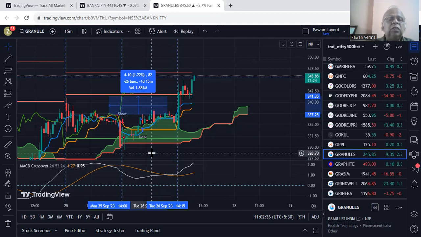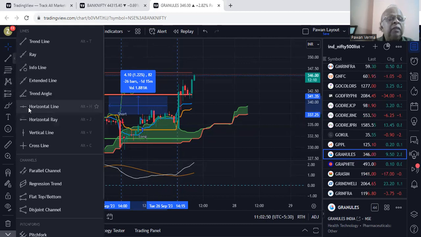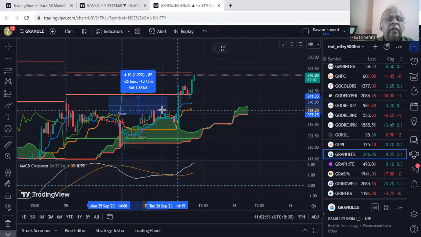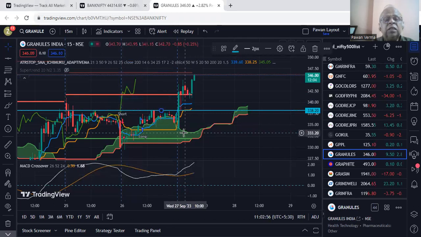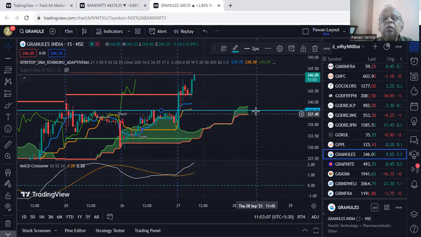The close will be taken as the highest price made by the stock during this particular period. So from here you will draw a horizontal line and that will be treated as our trigger price. Unless and until the stock is traded above this particular line, one should not enter into the trade.